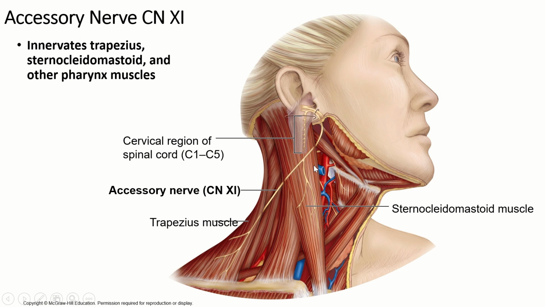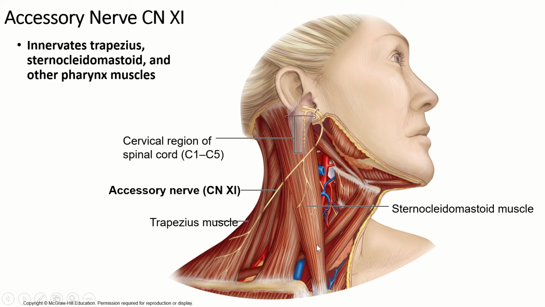All right, now next up, this one is number 11, accessory nerve. The accessory nerve is going to go down the cervical region and into the muscles of the neck and shoulder. Specifically, this muscle here called the sternocleidomastoid that originates on the sternum and the clavicle, that's the cleido, and inserts on the mastoid process, which is a little bump on the skull behind the ear.